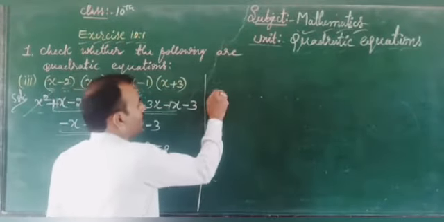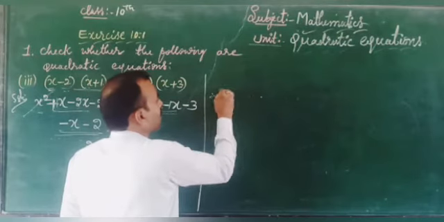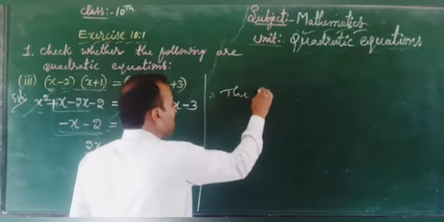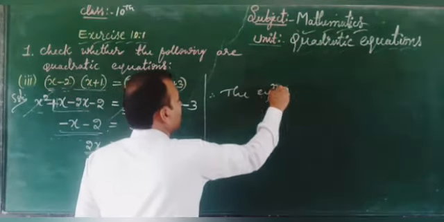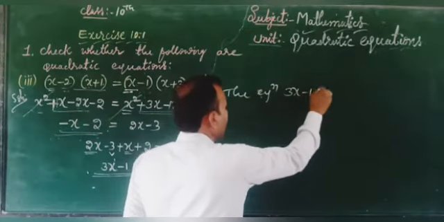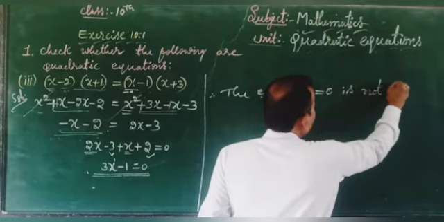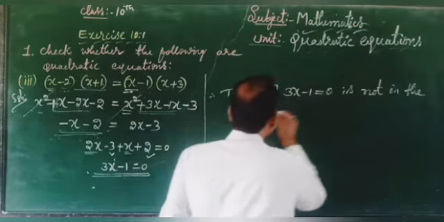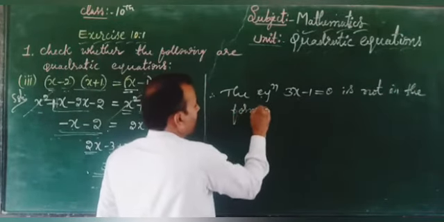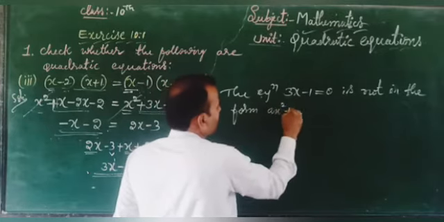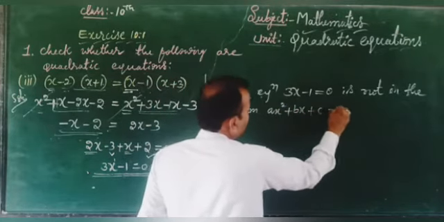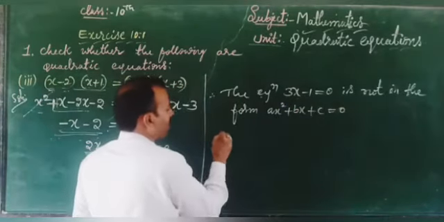So therefore the equation 3x minus 1 equals 0 is not in the form ax square plus bx plus c equals 0.